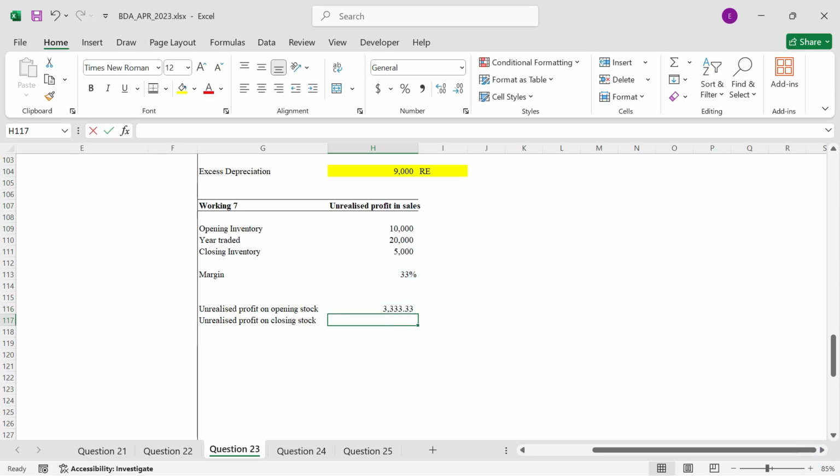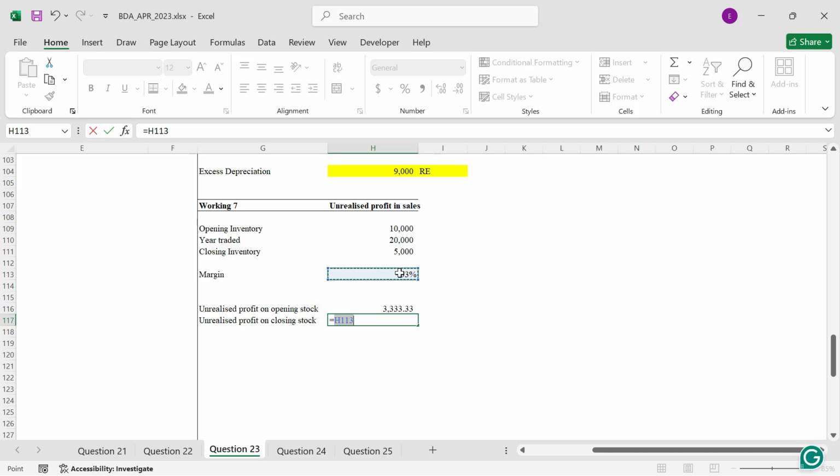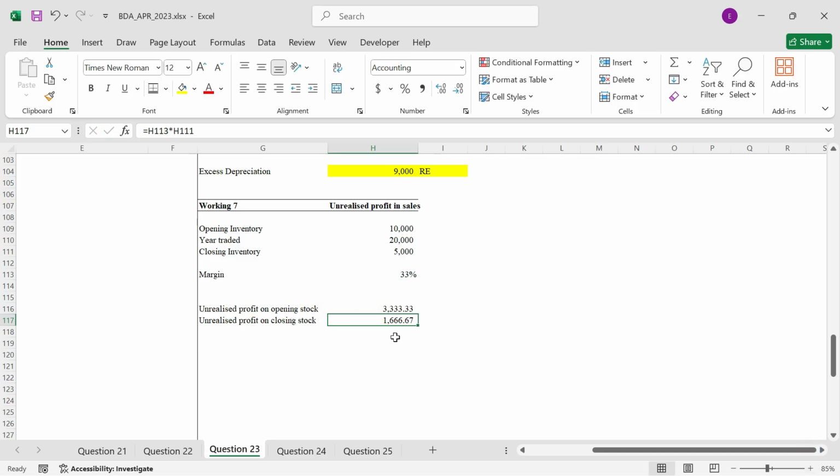And this would also be 33% multiplied by the closing stock. And so when I opened the year, I had a provision of 3,333. But when I closed, the provision had reduced to 1,660, meaning some of this was converted into actual sales.